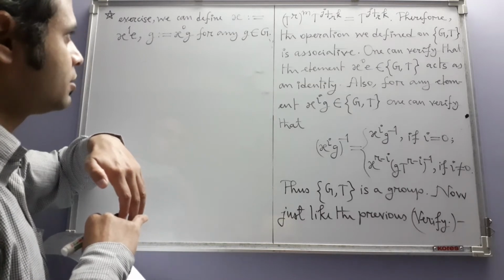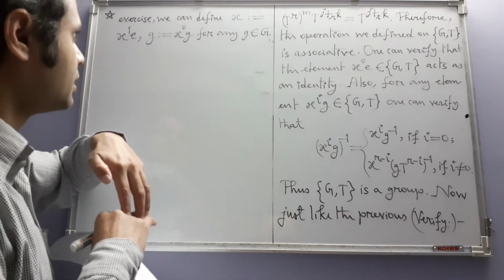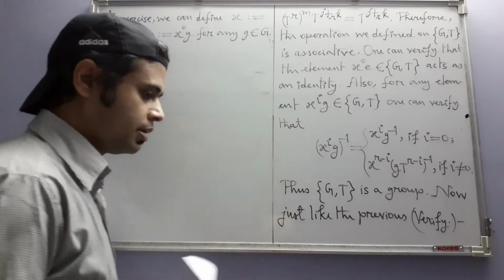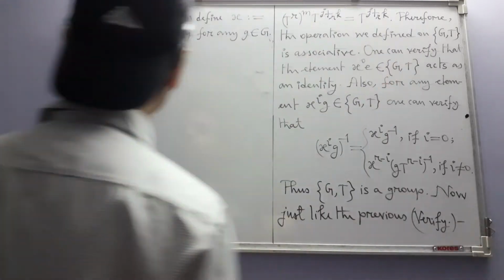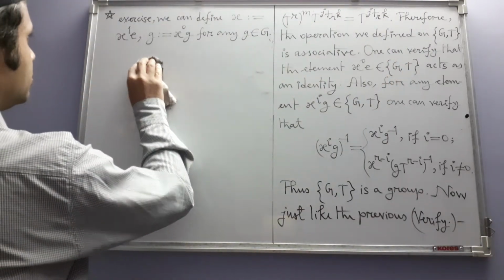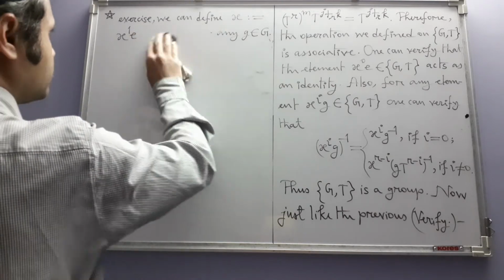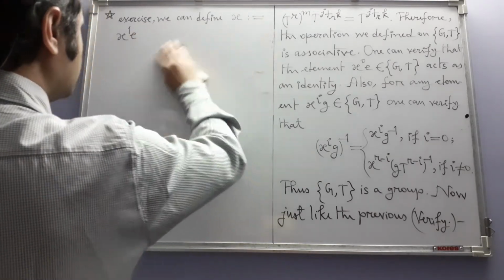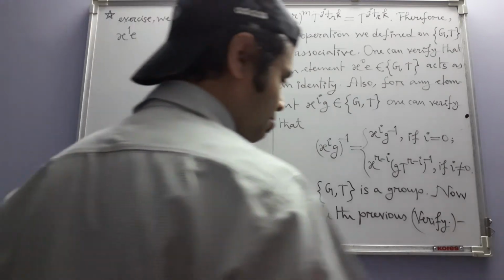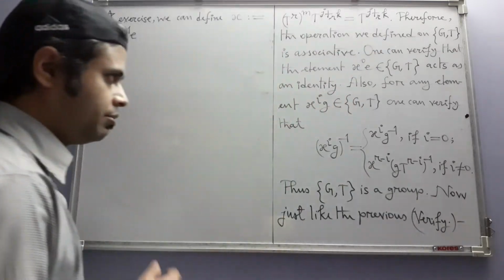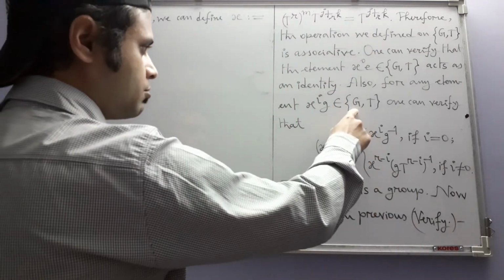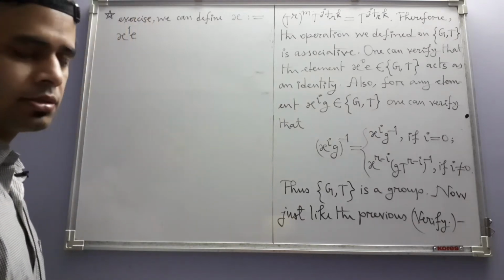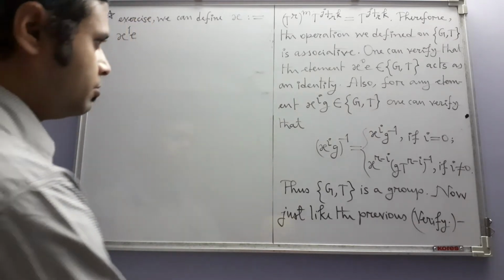It's somewhat confusing to say that we are defining g. Instead, what we are actually going to do is define a map between the elements of G and some special elements of this large group.